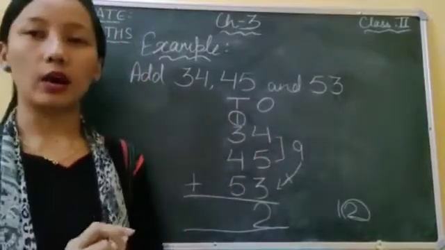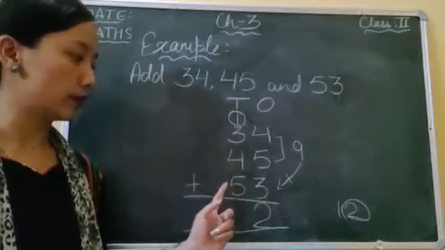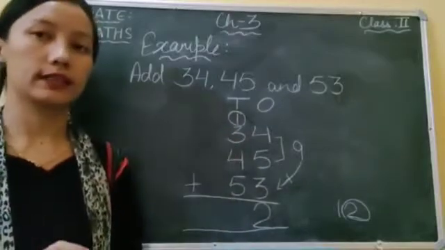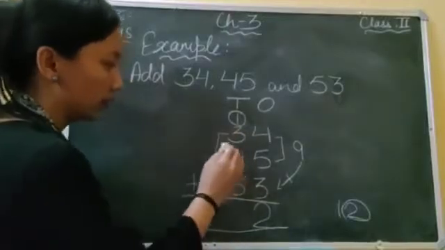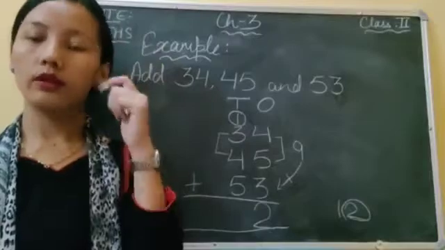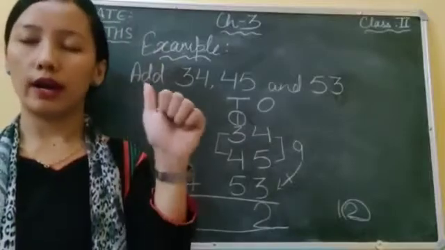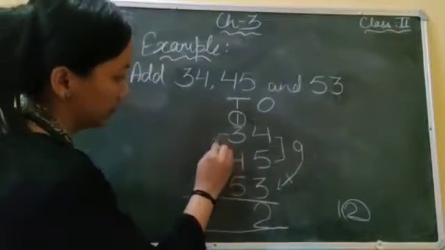Okay. Now let's add the tens column. 3 plus 4 plus 5 plus 1. But first we will add these two numbers. 3 plus 4. Keep 4 in your head. Count to 3. 5, 6, 7. 7.